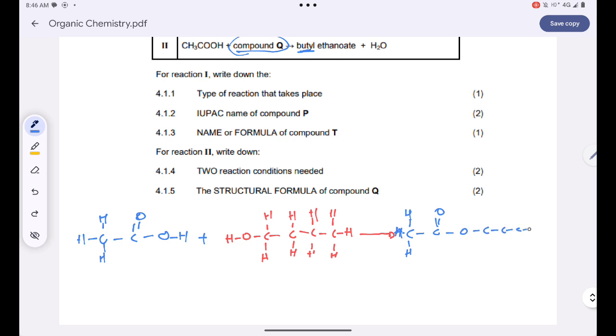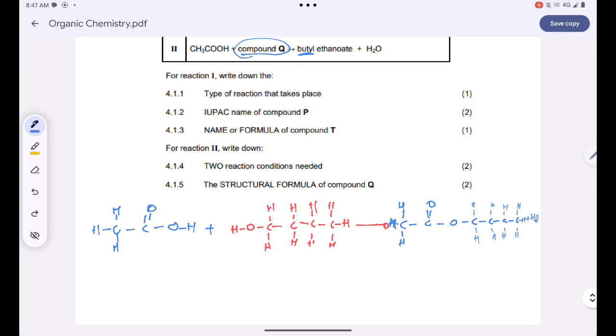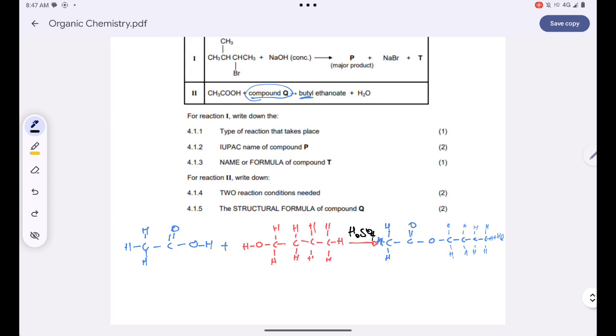One, two, three, four. Plus water. So these are the complete reactions. Before I even start answering the questions, I know that I have my complete reactions, and this happens in the presence of a concentrated sulfuric acid. Always, esterification happens in the presence of a concentrated sulfuric acid.